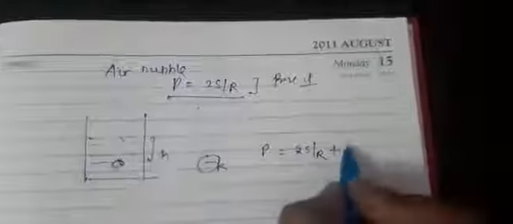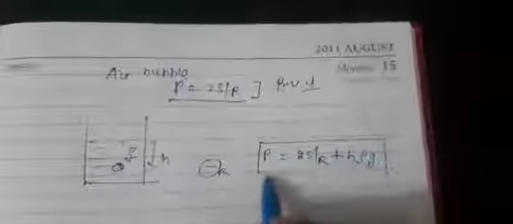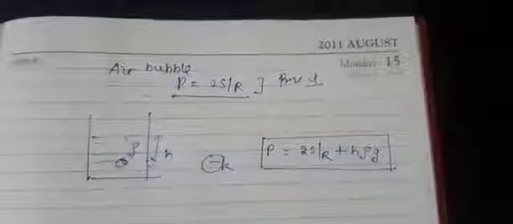So the excess pressure inside the bubble, क्योंकि इसमें हाइट का भी इफेक्ट होगा, तो टोटल प्रेशर कितना हो जाएगा, एक तो इस एयर बबल के अंदर का प्रेशर प्लस प्रेशर ड्यू टू दिस हाइट ऑफ द लिक्विड h rho g, where h is the height of liquid, rho is the density of liquid, g is acceleration due to gravity. So this formula can be used directly in the numericals. See, whenever this air bubble is formed at a certain depth, that depth is also contributing to it.